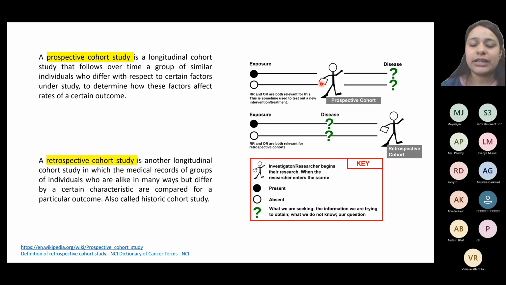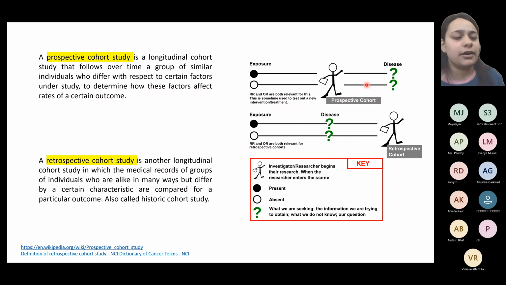So this doctor intervened and started studying these individuals, and now this doctor wants to see that maybe after 1 year, how does disease progress in this particular group of individuals and this particular group of individuals, right? So what is the differential progression of disease? Maybe that will give them some answers of how their genetic background might have been a little different in order to lead to such differential disease conditions, right?